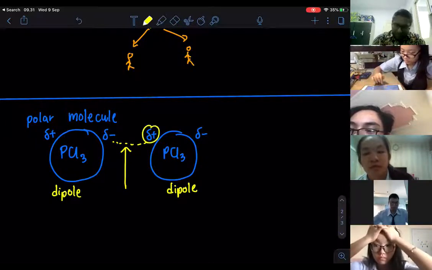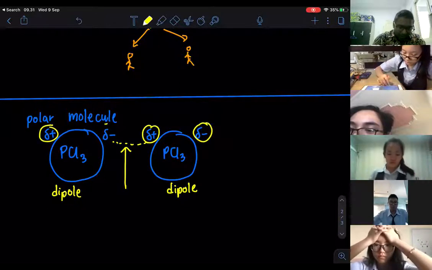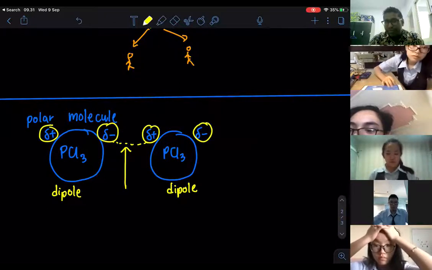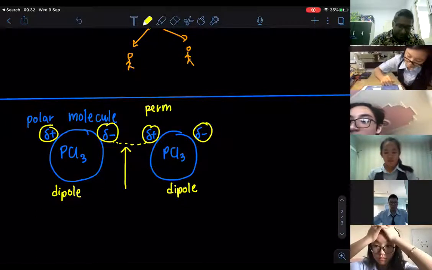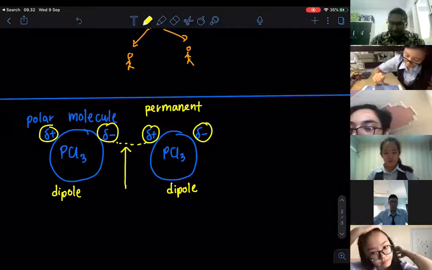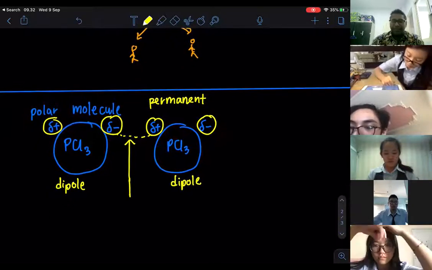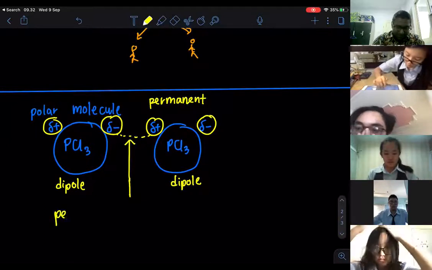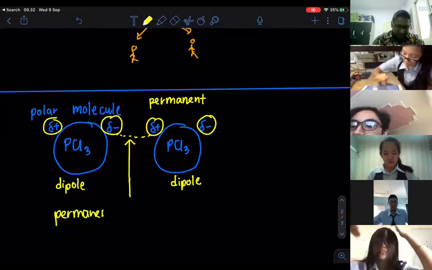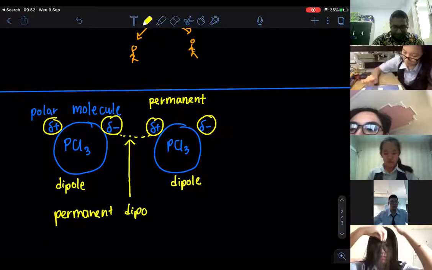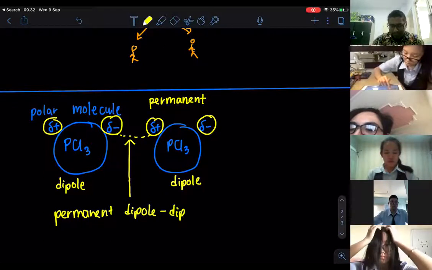This positive and negative will always be there, no change about it. So it's permanent. Therefore, this particular bonding, we call it permanent dipole bonding.